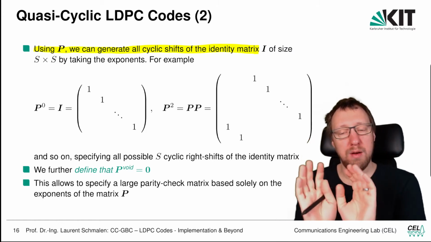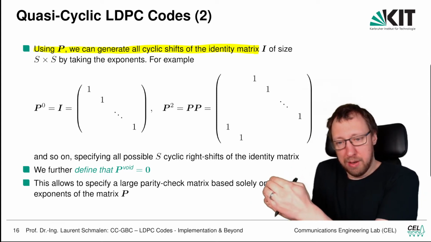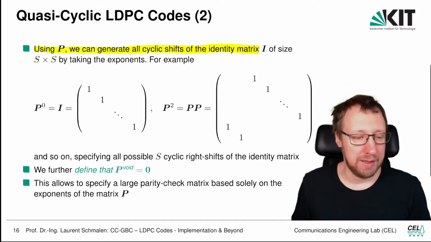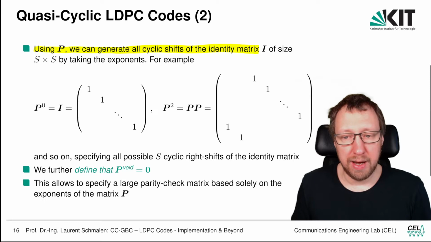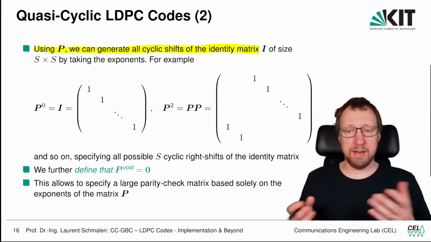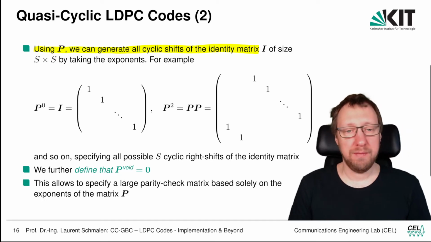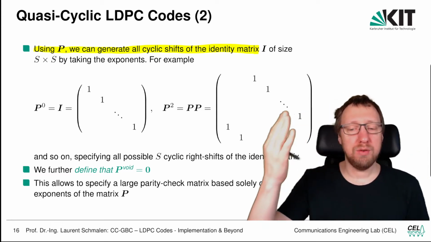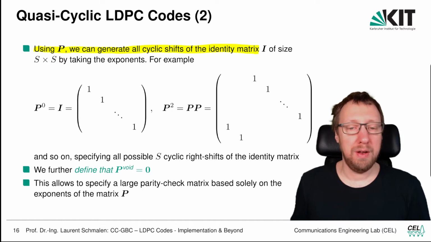Again, put the identity matrix on the cylinder, rotate the cylinder by 2 positions, and unwrap it, and that's the matrix P squared. So this is how you get the different cyclic shifts of the identity matrix: just by taking P to some exponent.